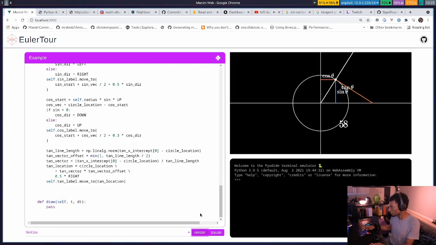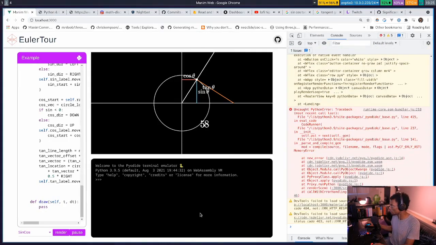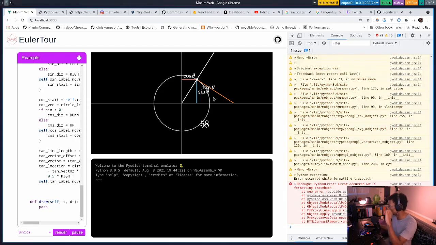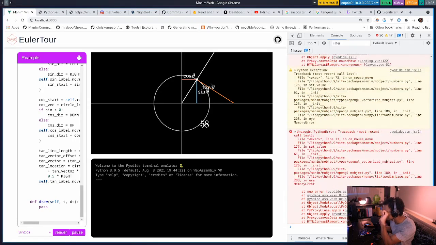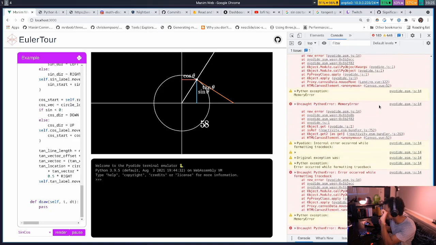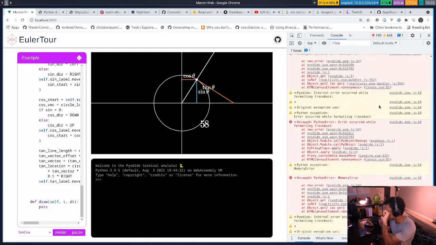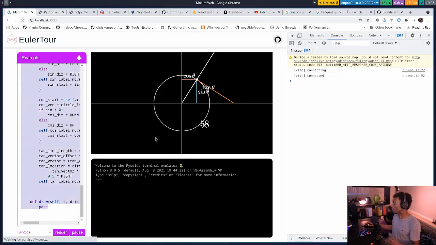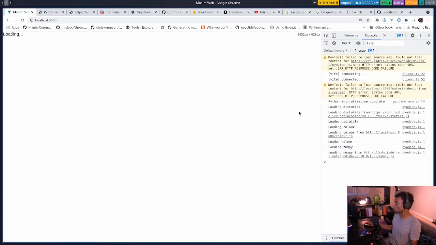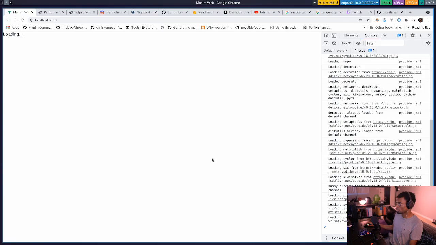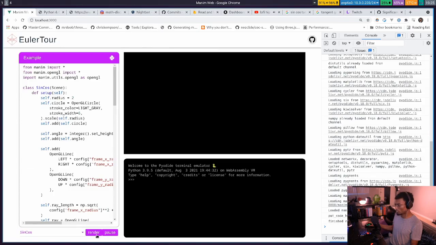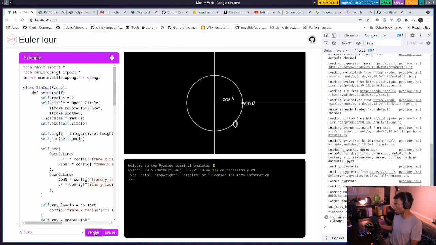I wonder why these subsequent renders aren't working. Some memory error. I'll have to see what that's all about. If I just render and then render again, does that break it?